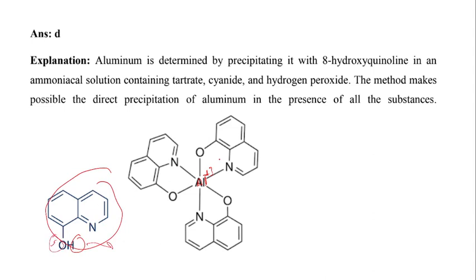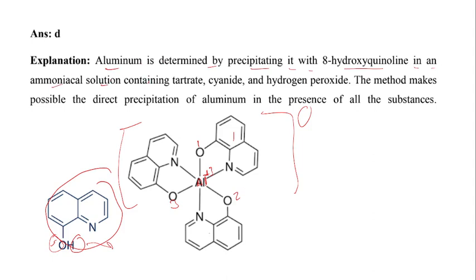So a total of 3 negative ions, first, second, and third, will be given by these 3 oxygen atoms, and finally it will be neutralized. Overall this complex is neutral. There is no charge.